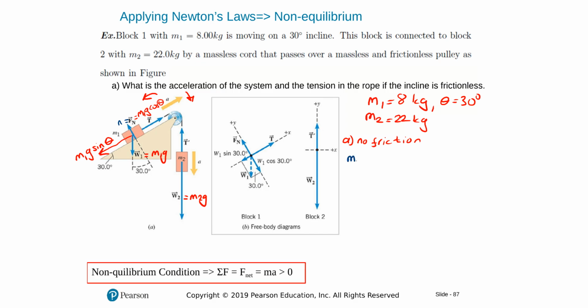Let's see what M1G sine theta is, which is equal to 8 kilograms times 9.8 meters per second squared times sine 30. If I calculate that, I should get a value of... I'm trying to see if I did that before.